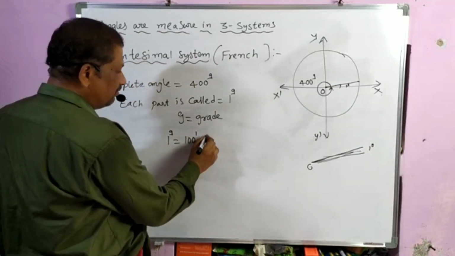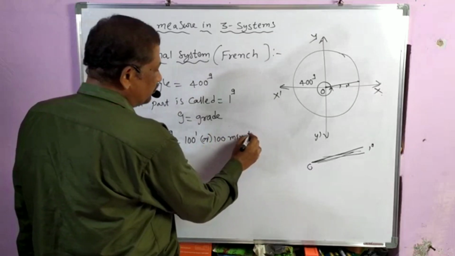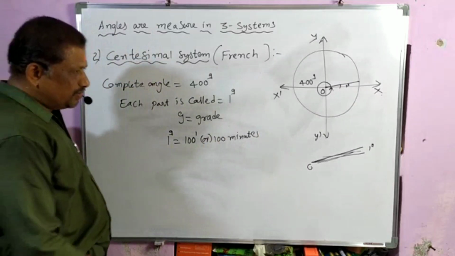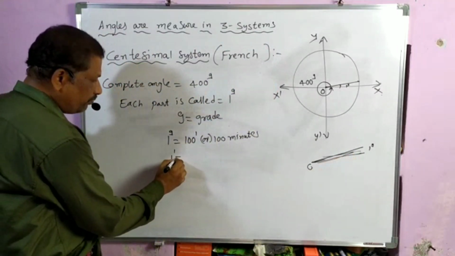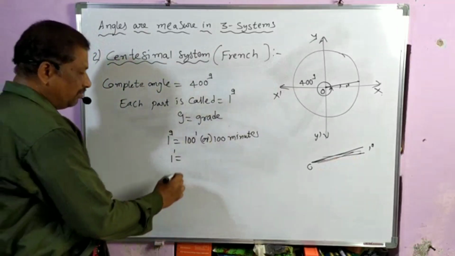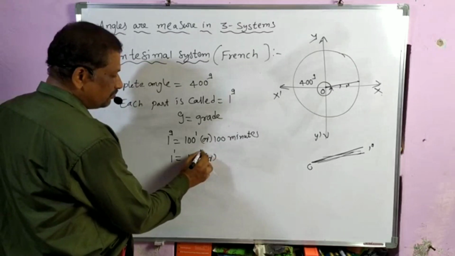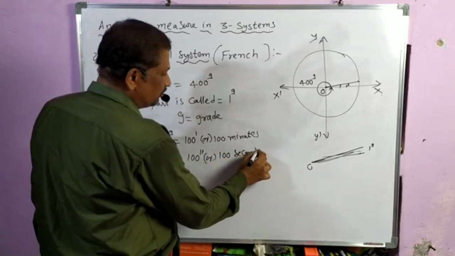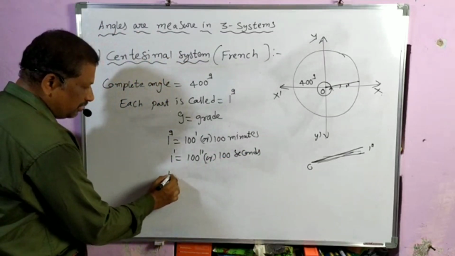So 100 minutes. Next, this smallest minute is further divided into 100 equal parts. These parts are called seconds. So 100 seconds. So this is your grade, your minute.